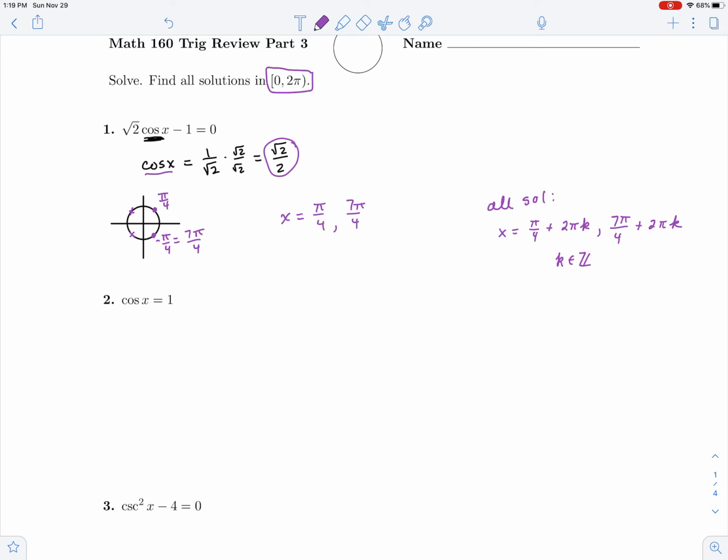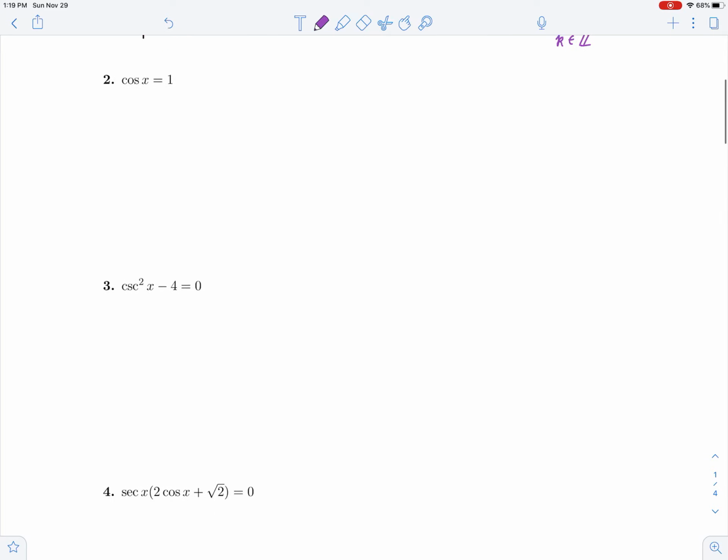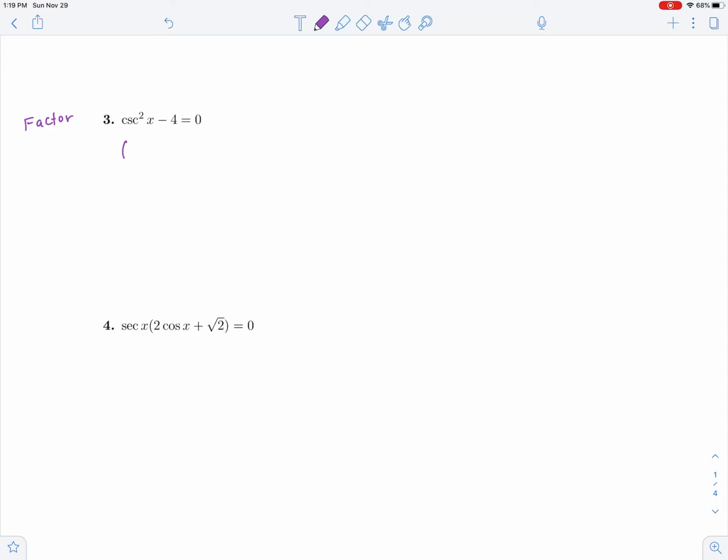For number 2, that one's really straightforward. Number 3, factor. A lot of these are factoring. So those skills where you can just do a substitution, or I think most of you are probably comfortable just, for number 3, for instance, you can see that it's a difference of squares. So you can do cosecant x minus 2, cosecant x plus 2.